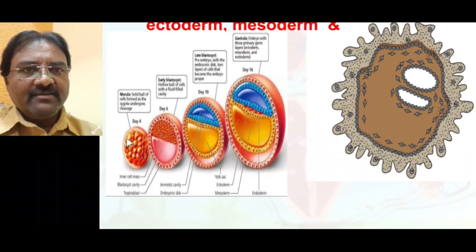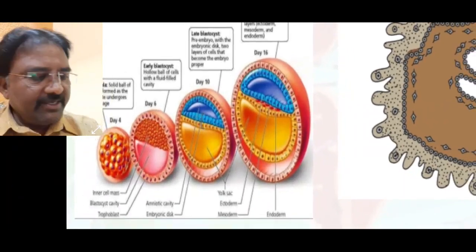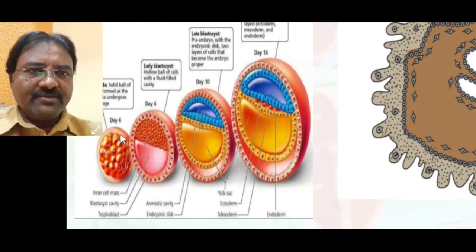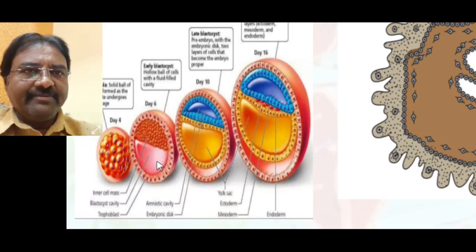This is the morula, no doubt a solid stage. This solid multicellular embryo-like structure is converted into a blastocyst. Seen here are trophoblast cells, inner cell mass or embryoblast cells, and this one is the blastocoel cavity.